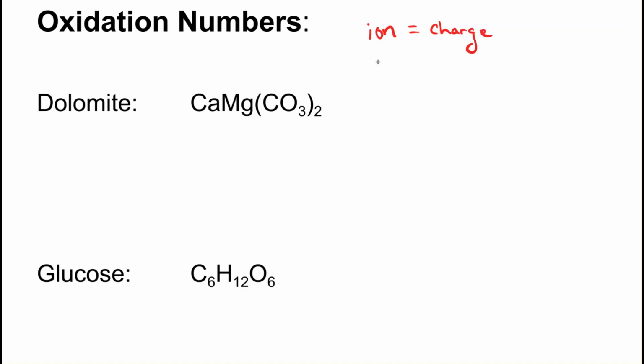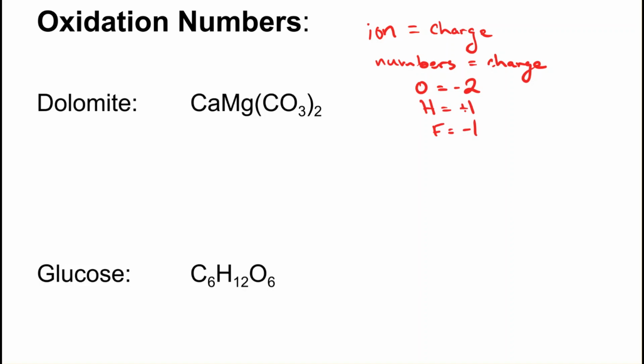All the numbers must add up to the charge on the substance itself. Oxygen typically is -2. Hydrogen is typically +1. And then fluorine, if you ever see it, is typically -1. In general, that's exactly what it is.